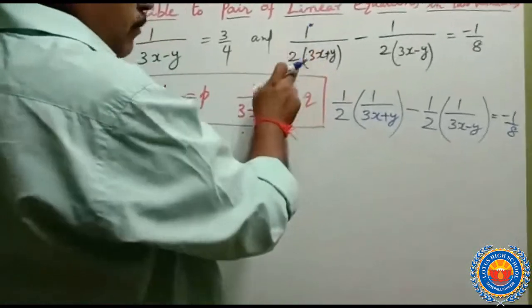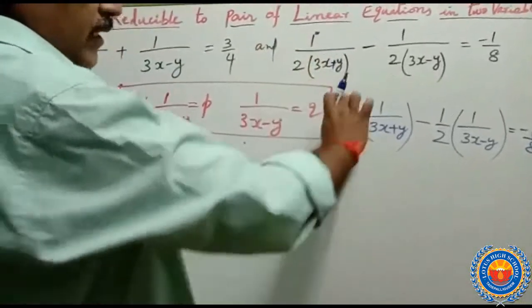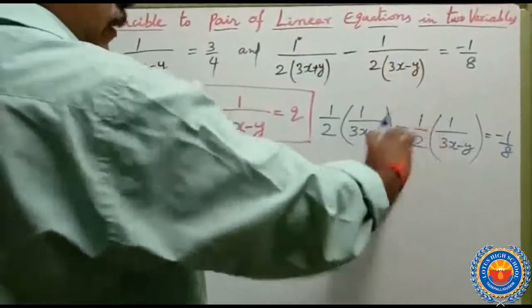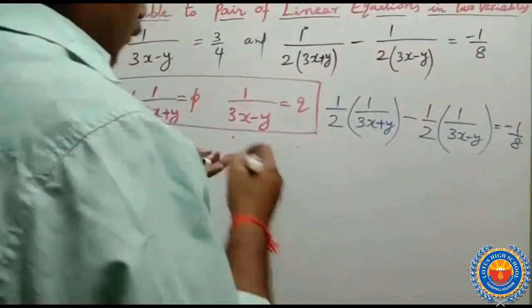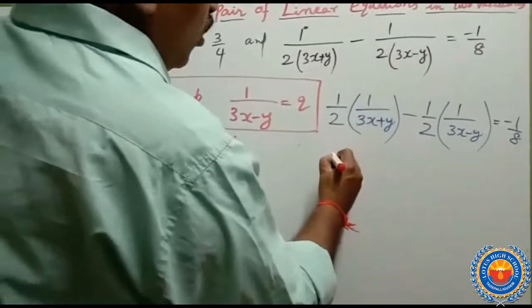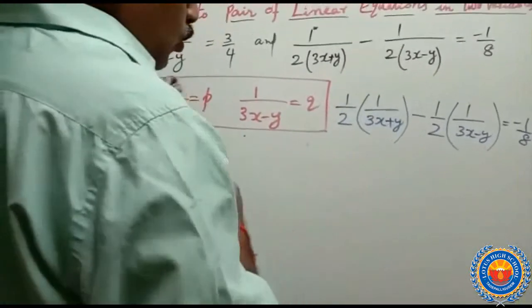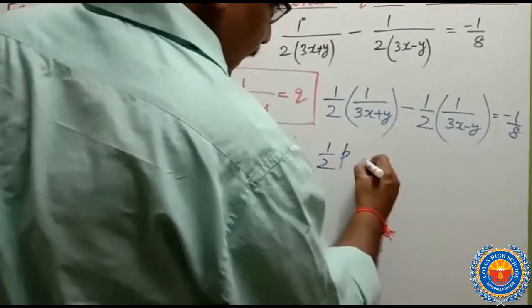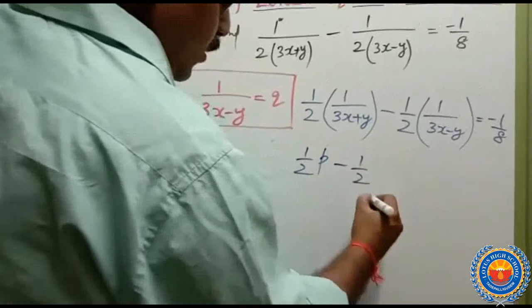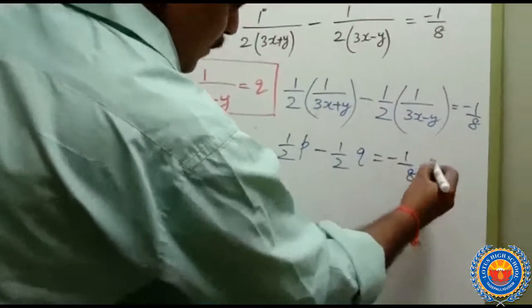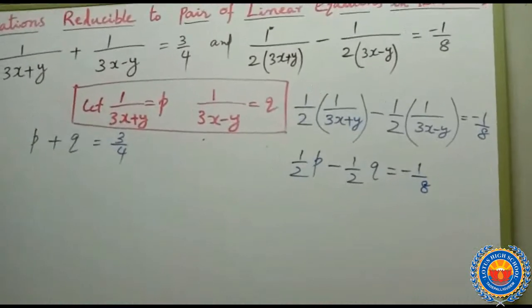Carefully, this is 1 by 2 into 1 by (3x + y), and this is 1 by 2 into 1 by (3x - y). In the same way here, 1 by 2 into p minus 1 by 2 into q is equal to minus 1 by 8.